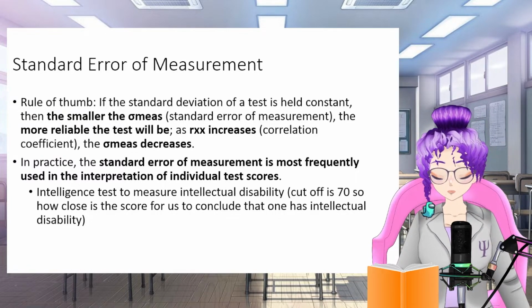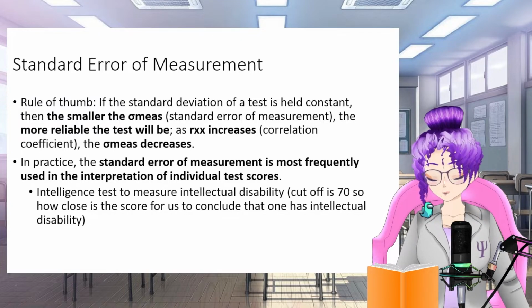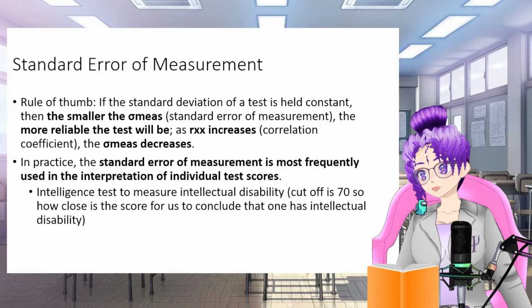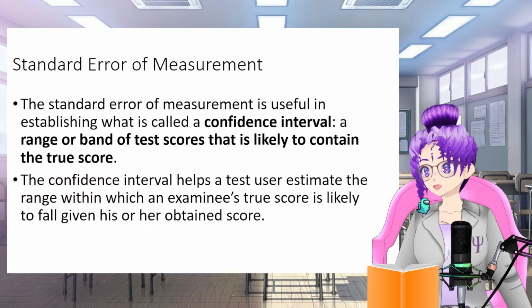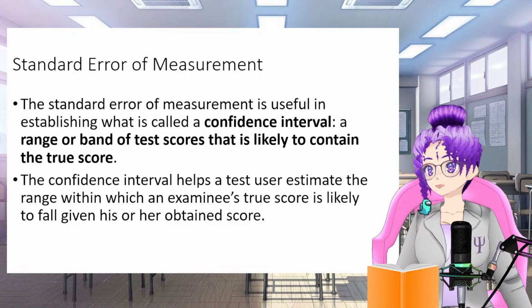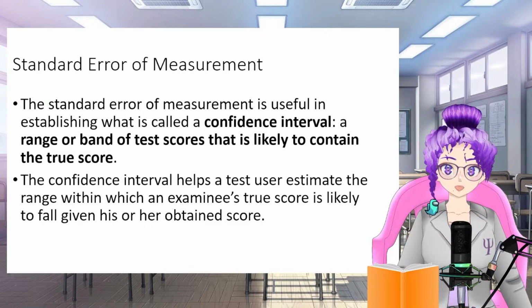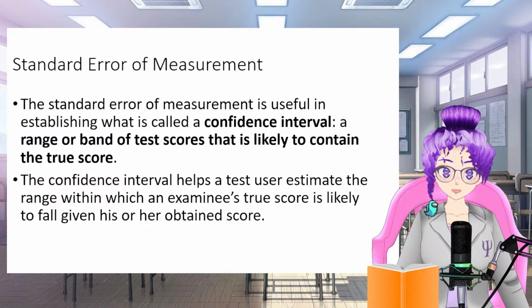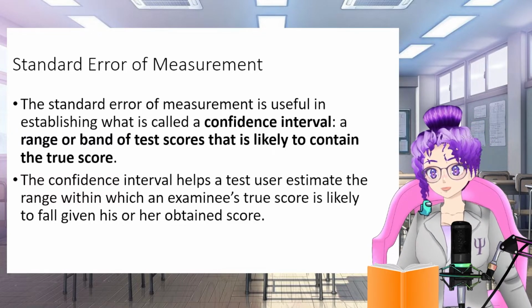Because we know, based on classical test theory, that our observed score is equal to the true score plus the error. So the standard error of measurement is useful in establishing what is called a confidence interval. A confidence interval is a range or band of test scores that is more likely to contain a true score.